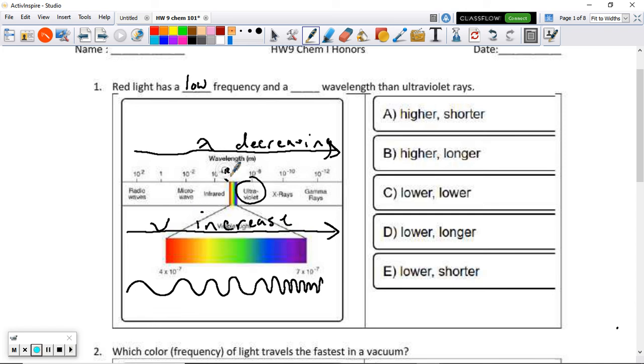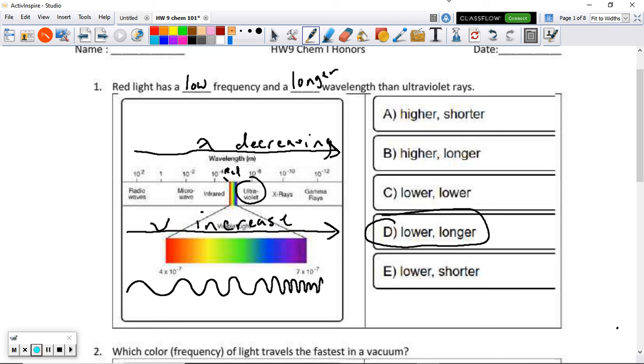That's red. Red light has a low frequency and a longer wavelength. So we need to find one that matches that, and that should be D.